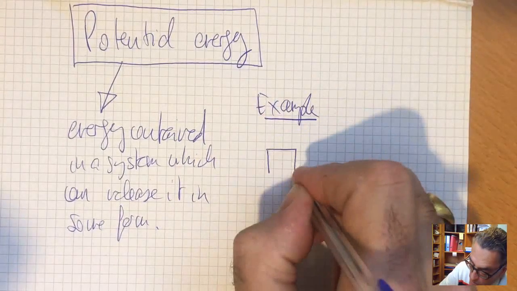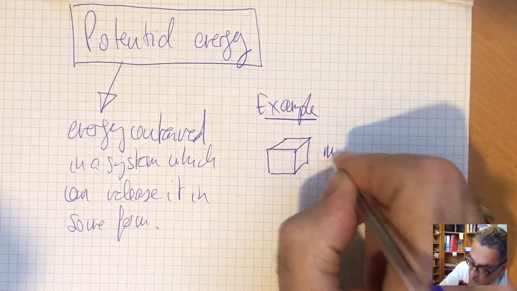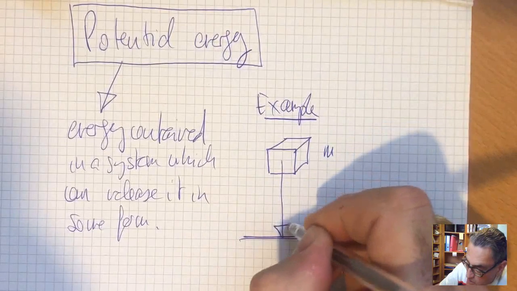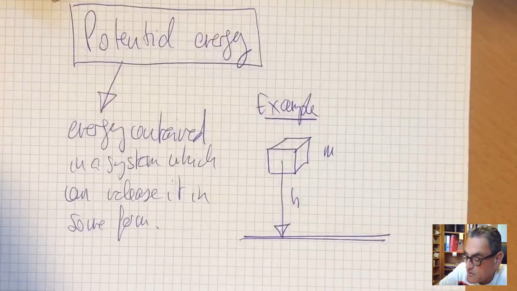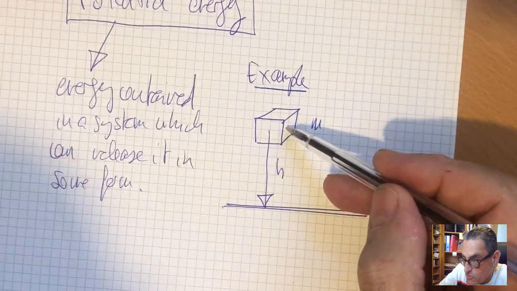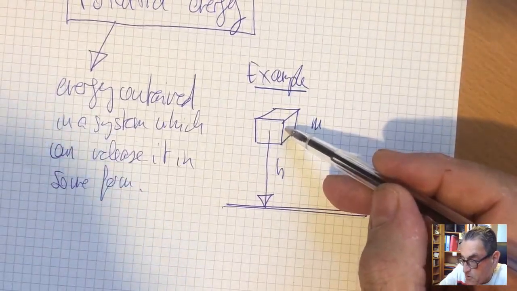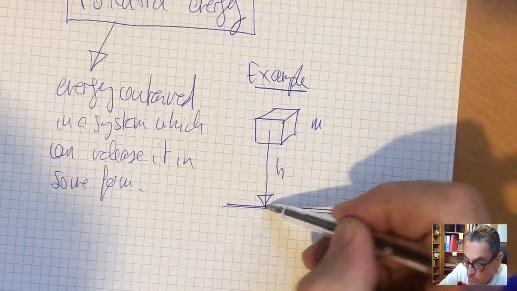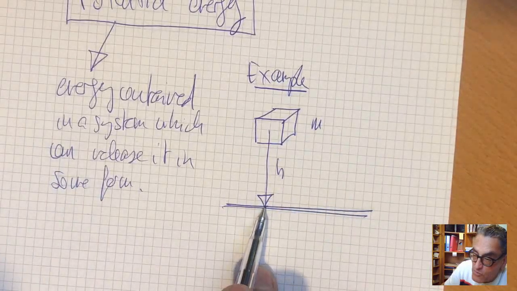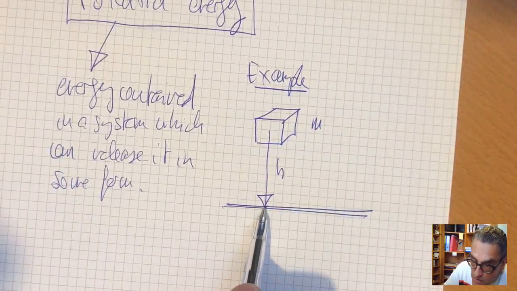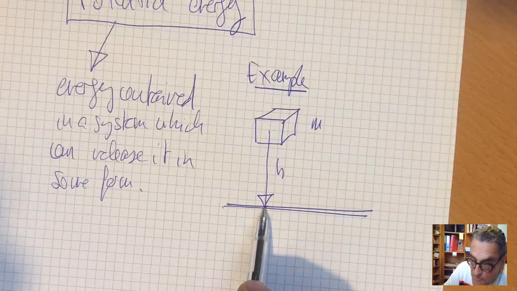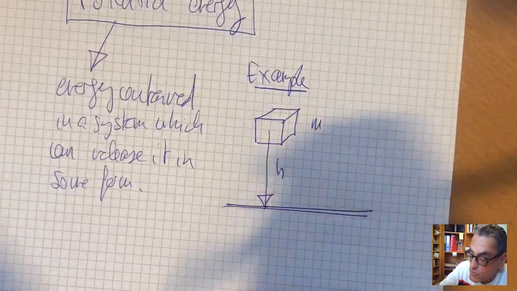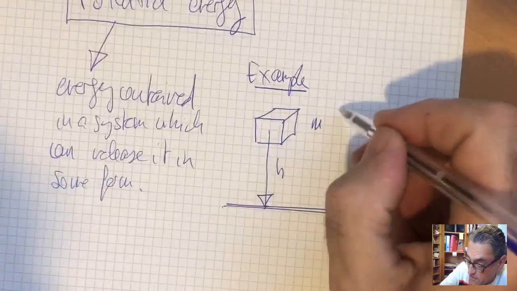If you have a rock, a mass, above the ground at some altitude h, this mass contains potential energy, because if you let it fall, during the fall this potential energy will transform into kinetic energy, and when it hits the ground, it's going to make a hole, or produce some explosion, depending on which height you have. The higher the mass, the more potential energy it has.